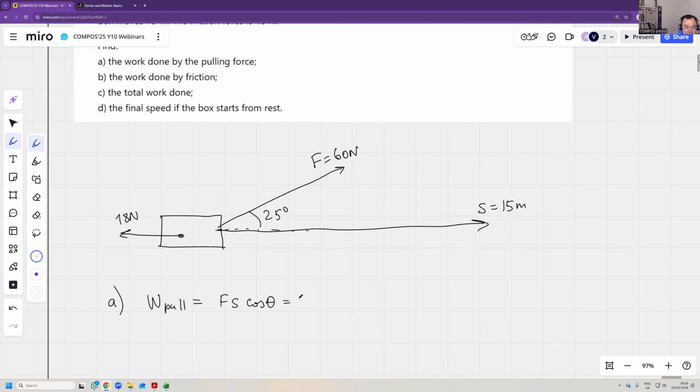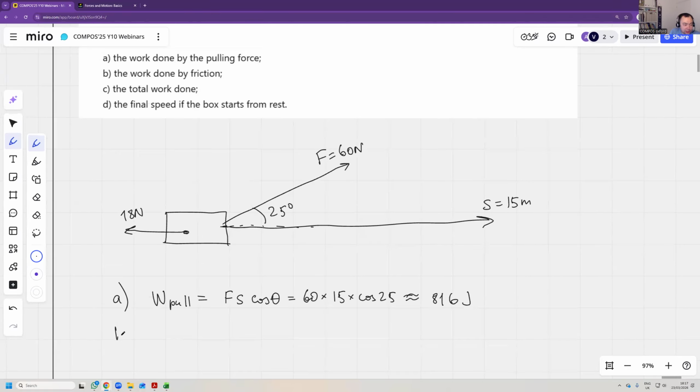In this case, it is 60 times 15 times cosine 25 degrees, which is approximately 816 joules.